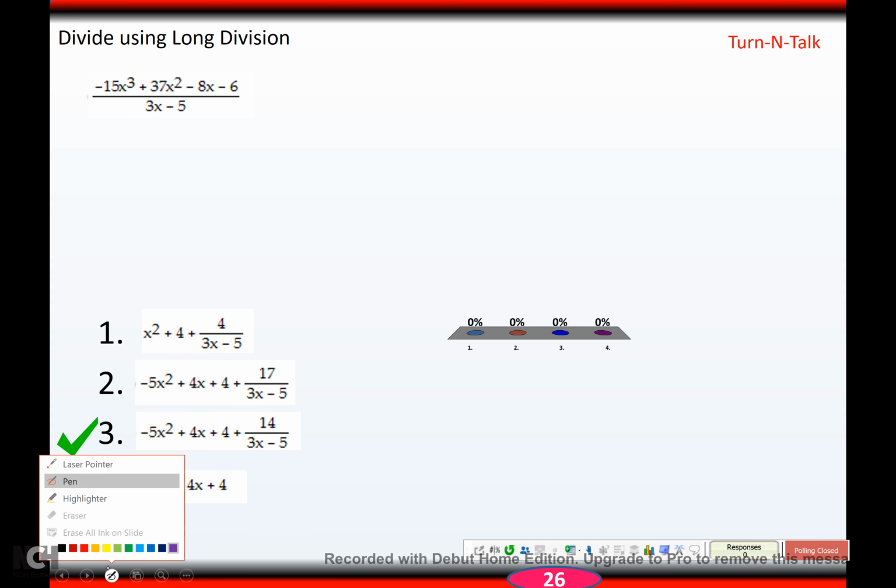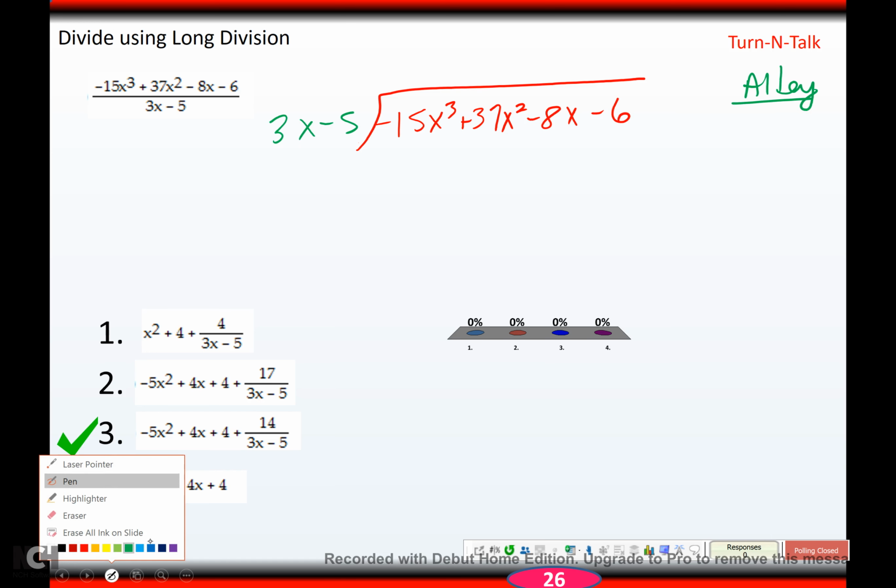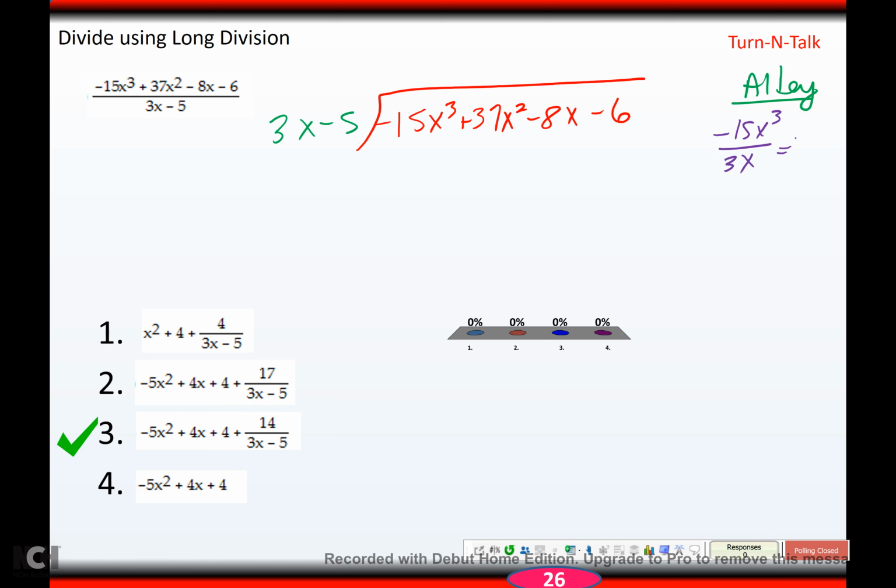For long division, you put the gang in their secret hideout, negative 15x cubed plus 37x squared minus 8x minus 6. My divisor is outside, 3x minus 5. We go to the alley, and gang leader, negative 15x cubed divided by lead detective, 3x would be negative 5x squared.